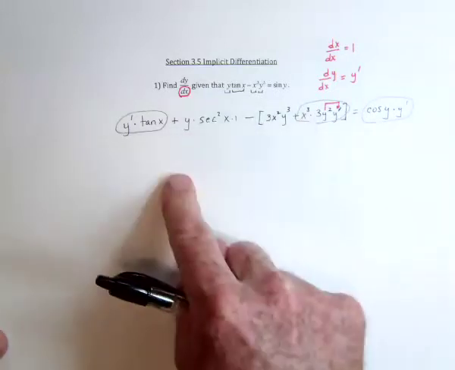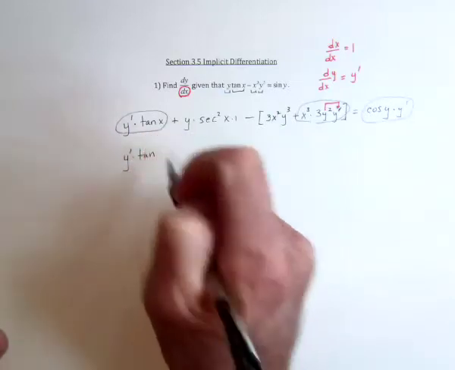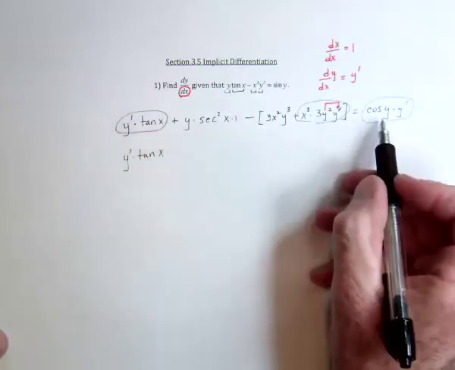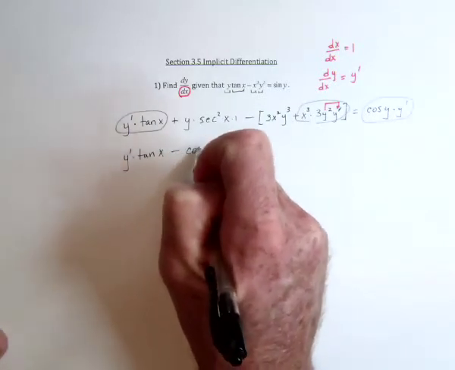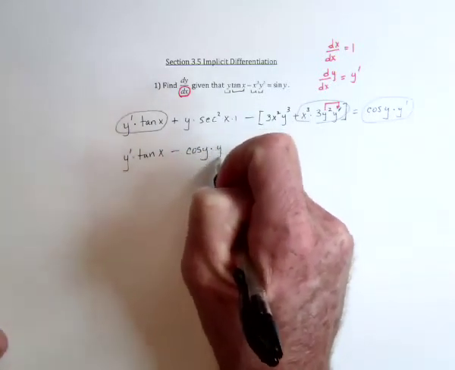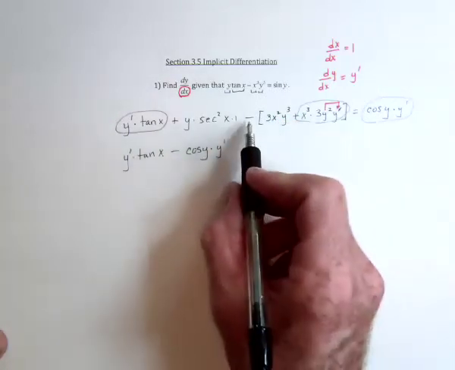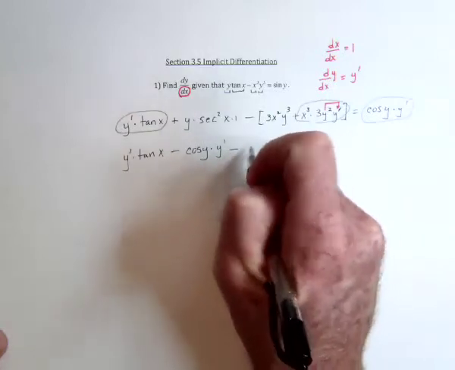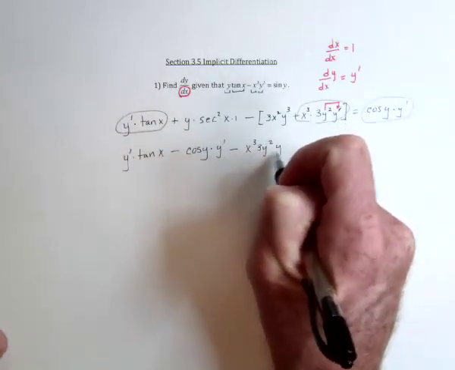So this one I'll move over here. So we've got this one, y prime and tangent. This one I'll subtract it, move it over to the left, so minus cosine of y times y prime. And then we've got this term, which because of this is a negative, x cubed 3y squared y prime.